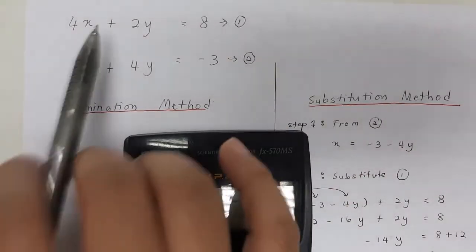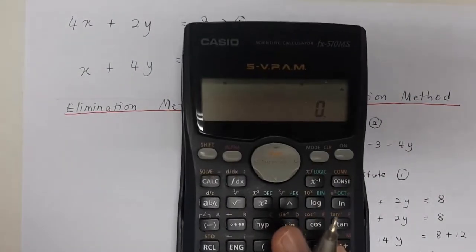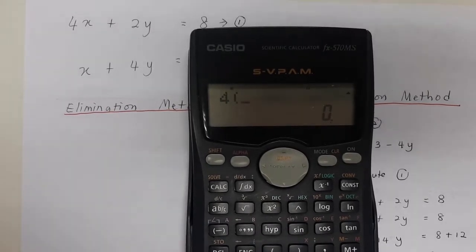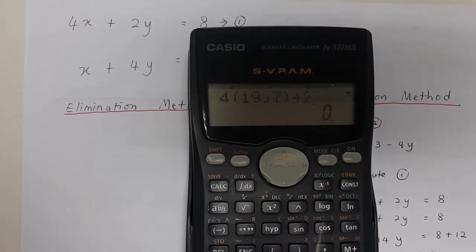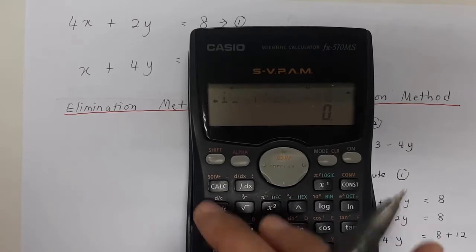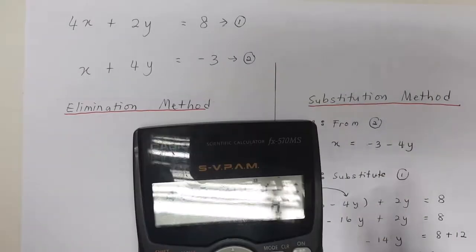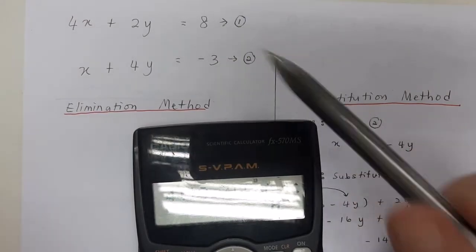And for the other equation, 4 multiplied by x, our x is 19 over 7 plus 2y. Okay, our y is negative 10 over 7 equal. The answer is 8. So both are correct.